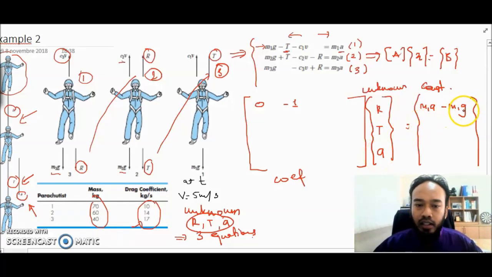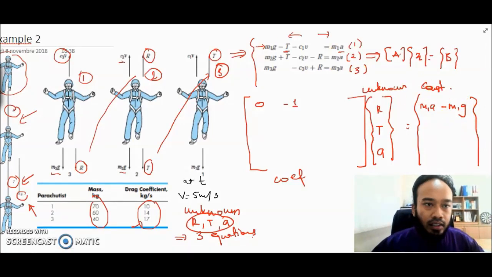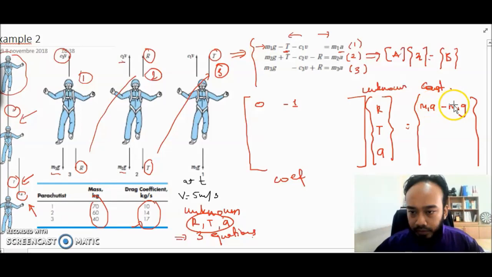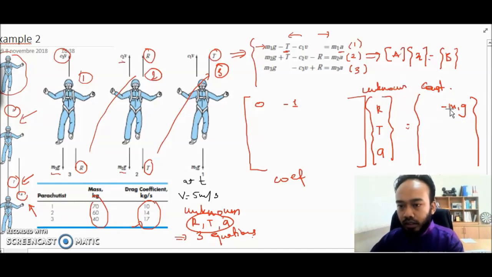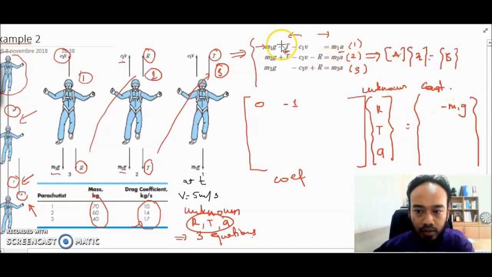I had it wrong here, let me erase. So the constants are basically minus M1G and plus C1V, so it's C1V minus M1G.